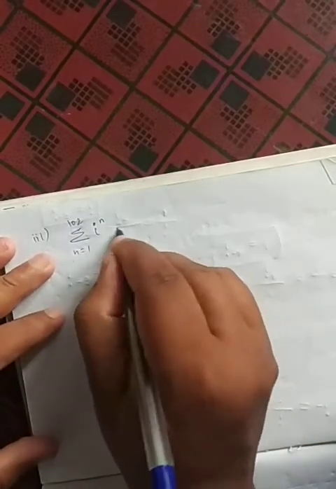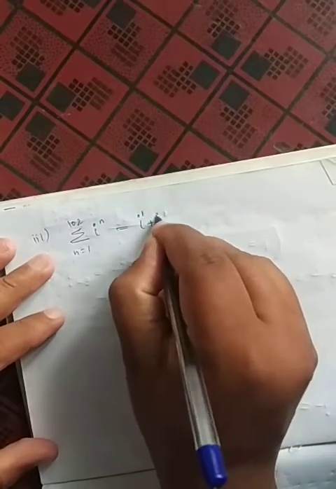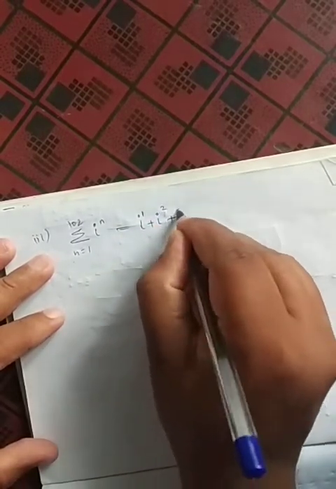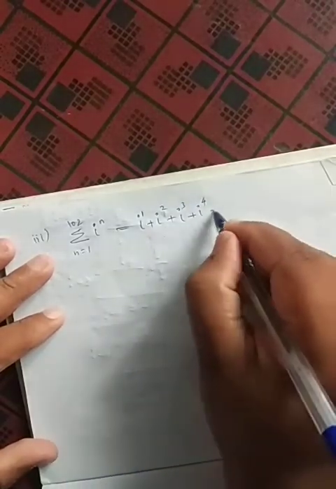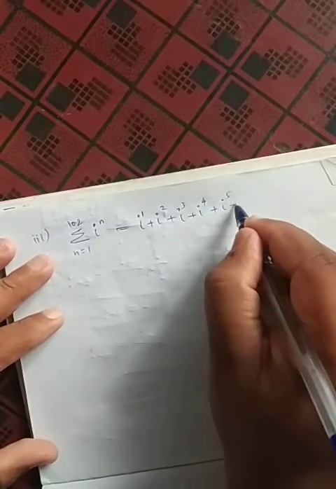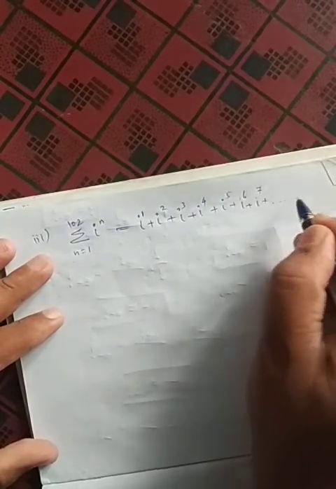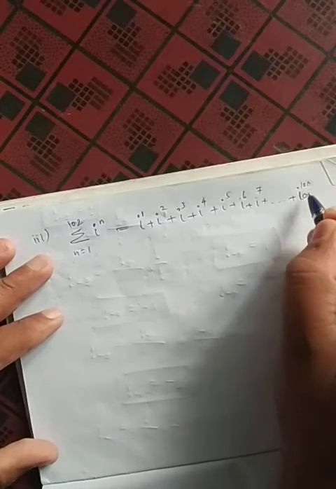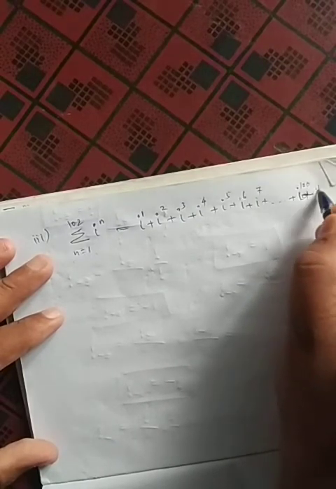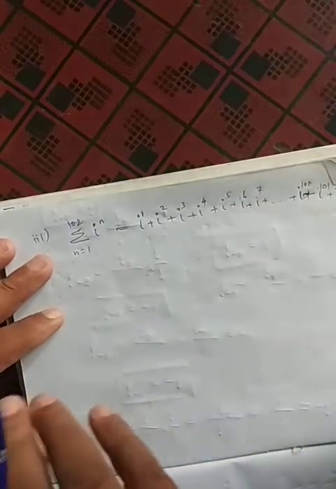So you just apply this: i^1 plus i^2 plus i^3 plus i^4, then i^5, i^6, i^7, likewise it goes up to i^100 plus i^101 plus i^102. In this way it goes.